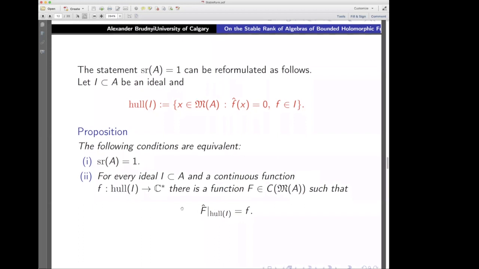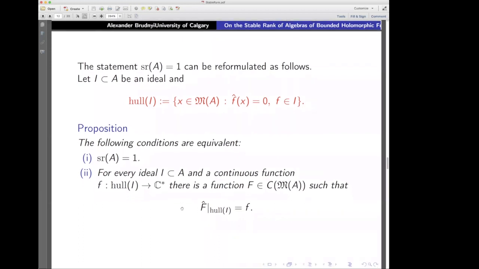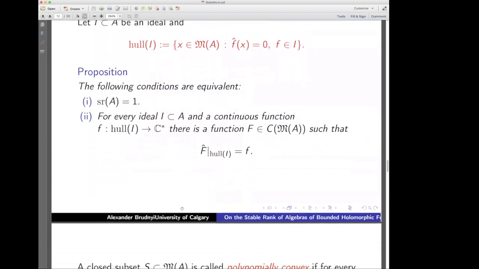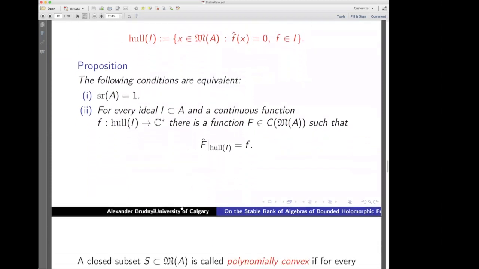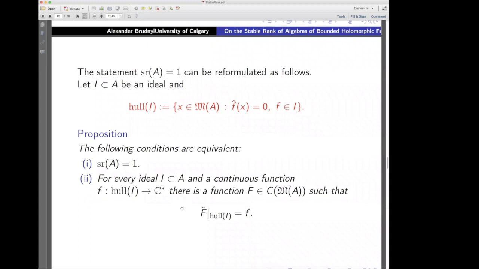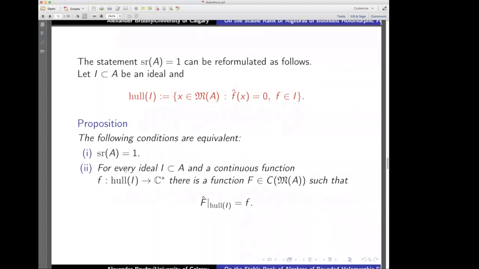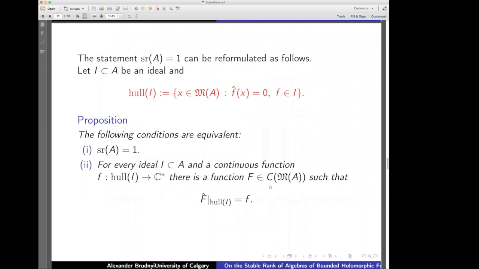Okay. And therefore the main thing now, in our case, is that we take some hull of some ideal and a continuous non-zero function on the hull. We need to know how to extend it to a continuous non-zero function on the whole M_A.